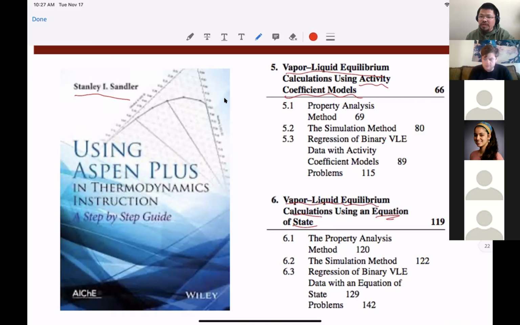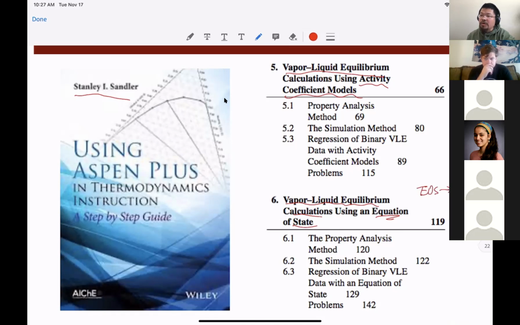But still, I want to bring this information to your attention, so some of you might be interested to see if you can get this book and do a little more reading to see what the opportunities are in industry. Now, if I understand the activity coefficient model and I understand how to run all those calculations for an equation of state, I shall have this, right?